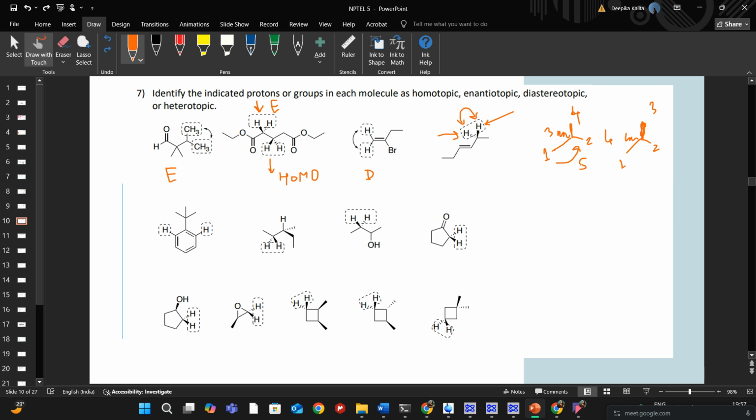So in the first case, this will be R because the fourth group is present above the plane. And in here, the fourth group is below the plane. So it will be S. Hence, we are getting a pair of enantiomers by replacing the protons present in the fourth molecule. So these two protons will be enantiotopic protons.